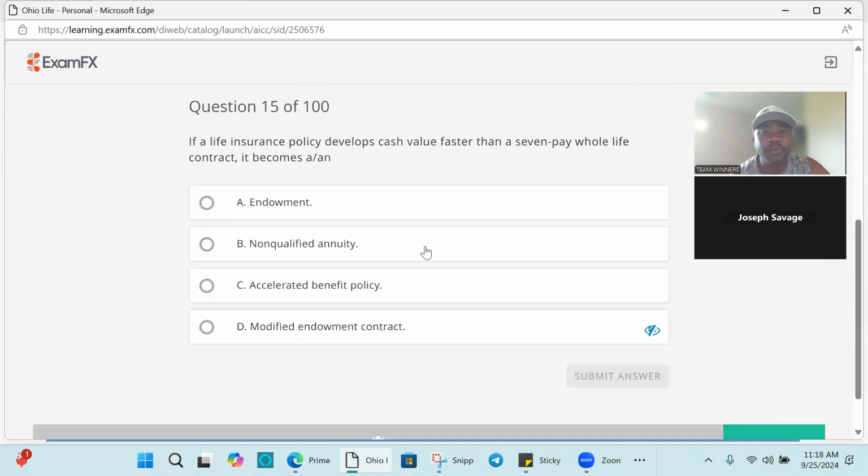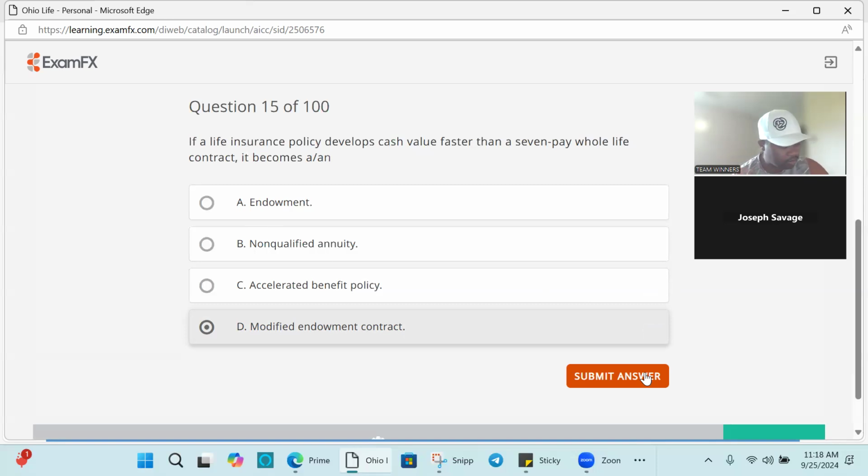If a life insurance policy develops cash value faster than a 7-pay whole life contract, it becomes an endowment. But the modified endowment contract. That is correct. What does 7-pay mean? Those are 7 years. After you've had the policy for 7 years, they're going to audit your policy.